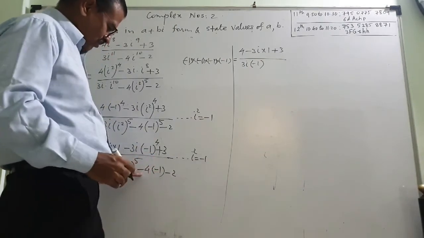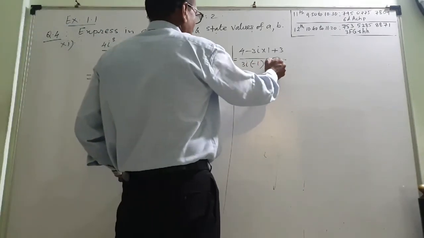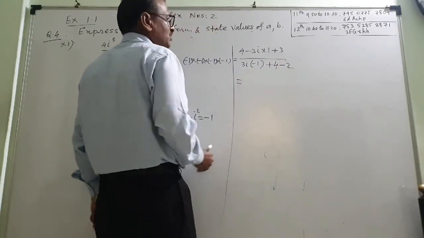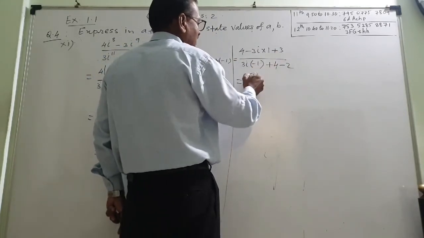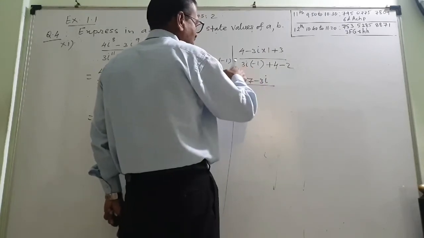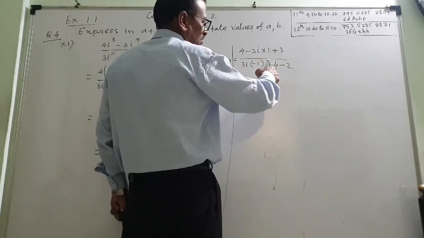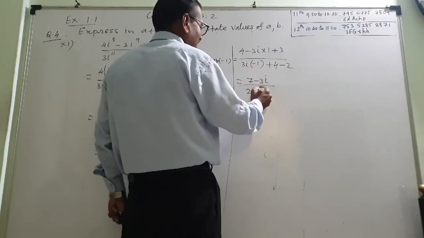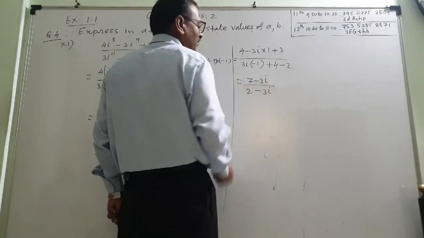Now this minus into minus is plus. Plus 4 minus 2. So that is equal to 4 plus 3 is 7 minus 3i upon, this 4 minus 2 will be 2. This I will write first and then this I will take minus 3i.